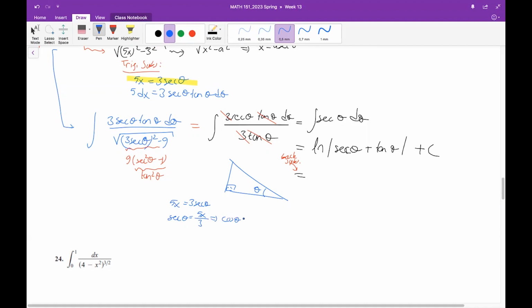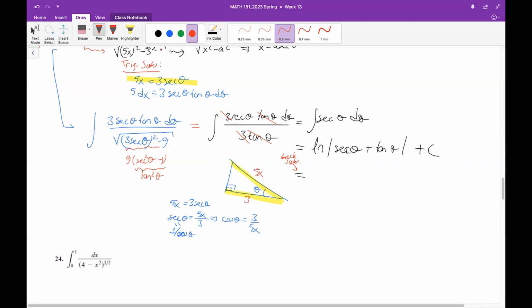So what is cosine theta then? Remember, secant theta is 1 over cosine theta. That's why you just take the reciprocal, 3 over 5x. So cosine theta is the adjacent side divided by hypotenuse. So 3 comes there and 5x goes to this side.